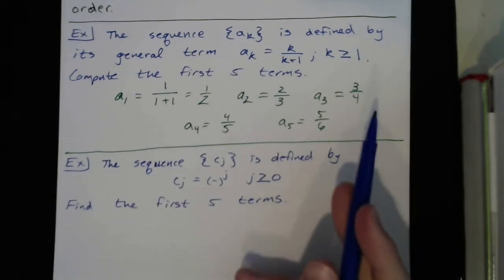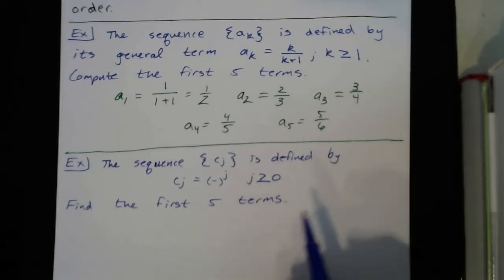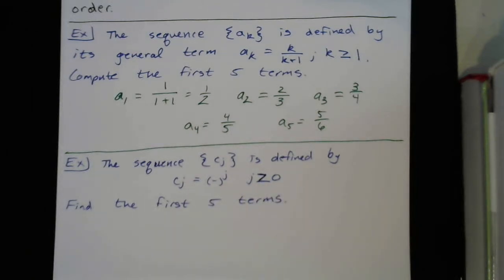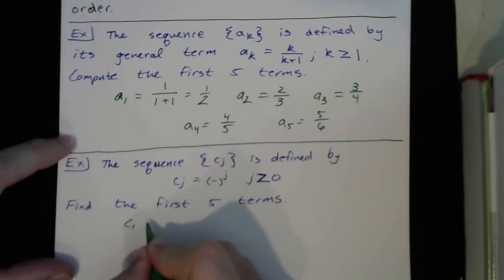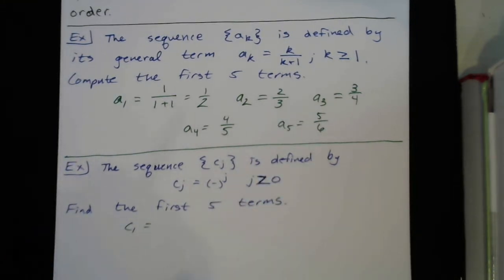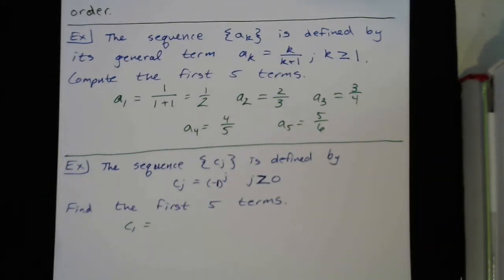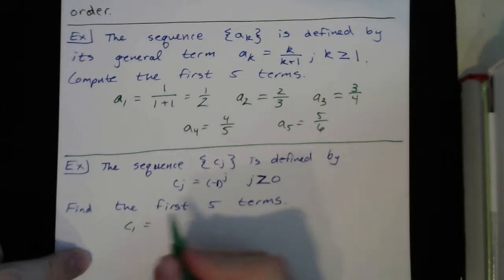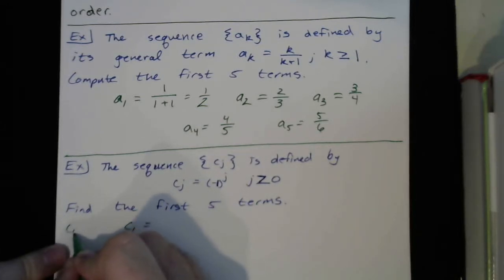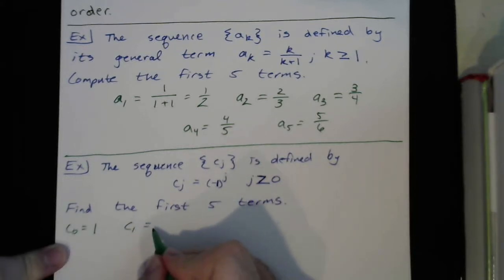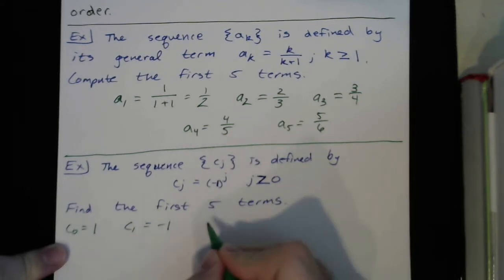Here, like I said up above, if we start at 0, you need to be told that. Don't ever assume. If there's nothing there, you assume you start at 1, because when you start counting, you count 1, 2, 3. That should be (-1) to the j there. c1 is not our first term. c0 is our first term. (-1) to the 0 is 1. c1, (-1) to the first is -1.